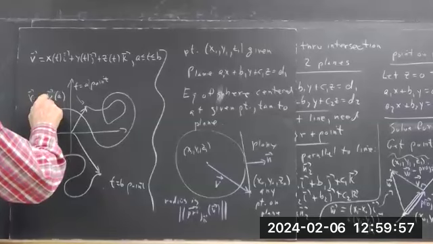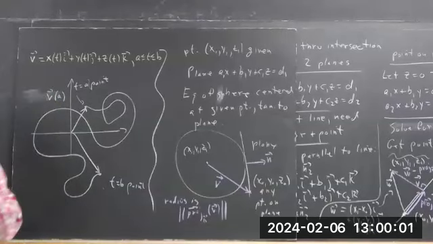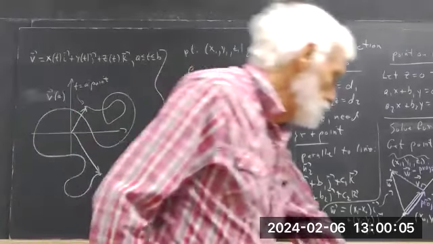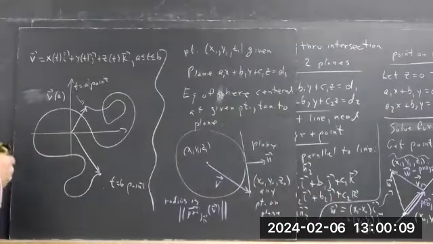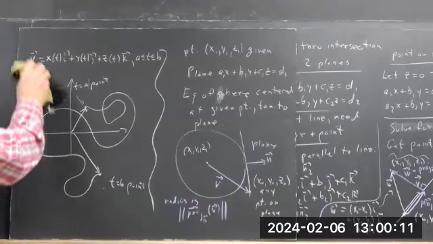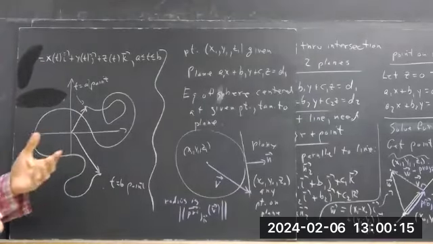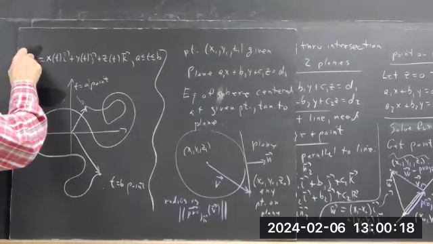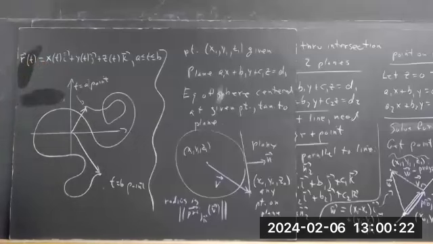Now, there's nothing wrong with b, but typically we're going to use r of c instead of b. I call this r of c.